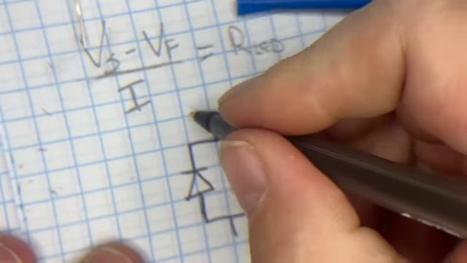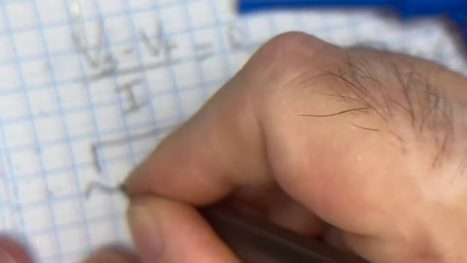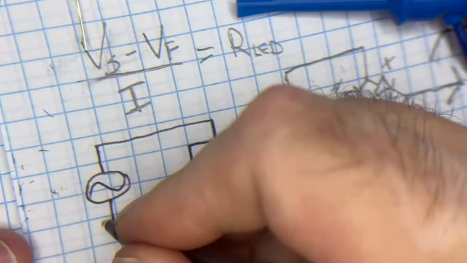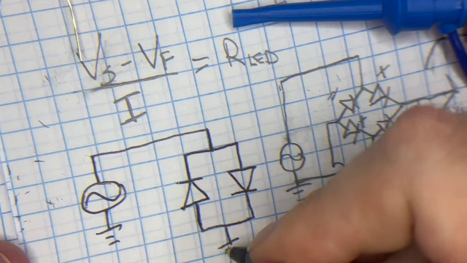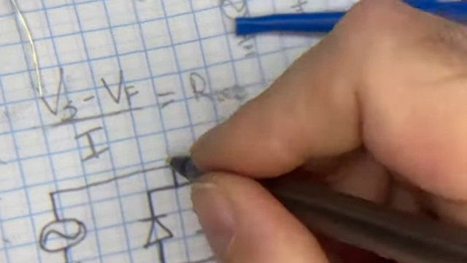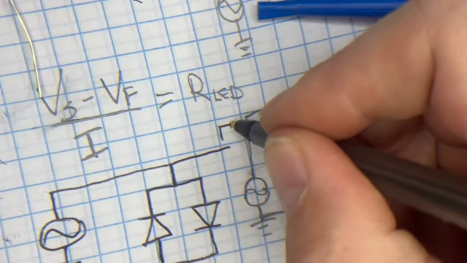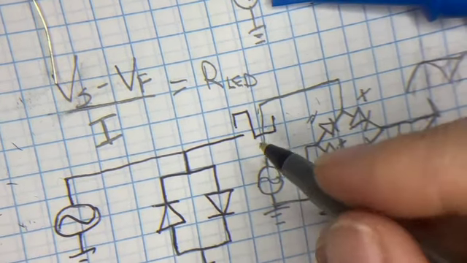And the idea is that you have some kind of an alternating signal coming in like this. And the output will look like this, or something similar to it.